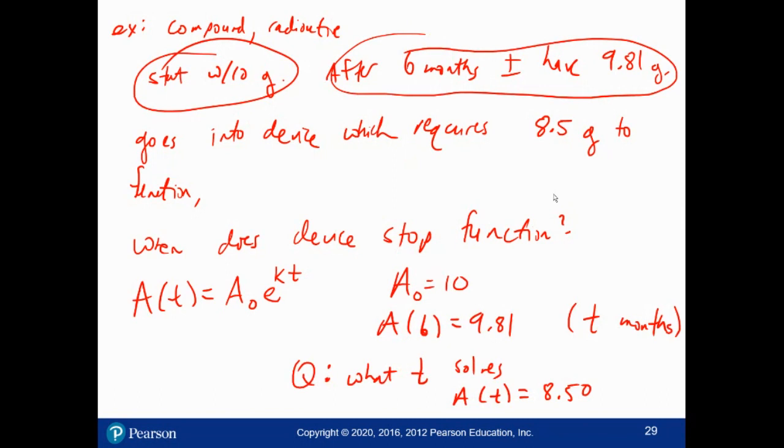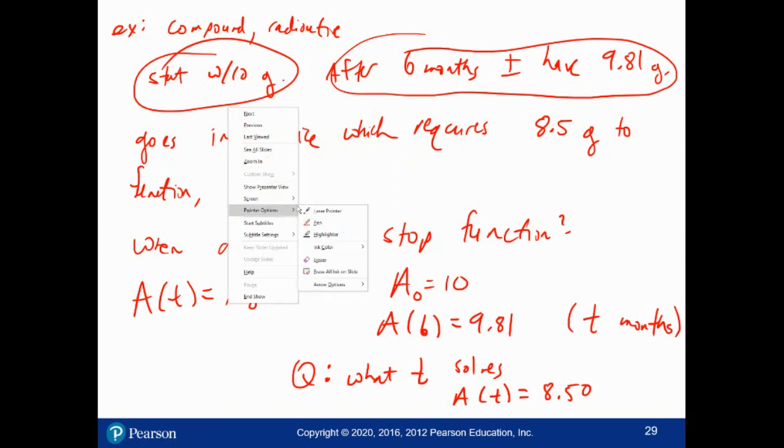Now, if you just went straight to the model, you'd say, our question was, when is A of t equal to 8.50? So I want A of t, on the one hand, to be 8.50.